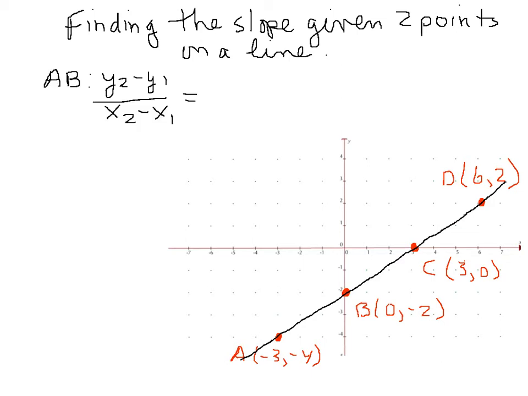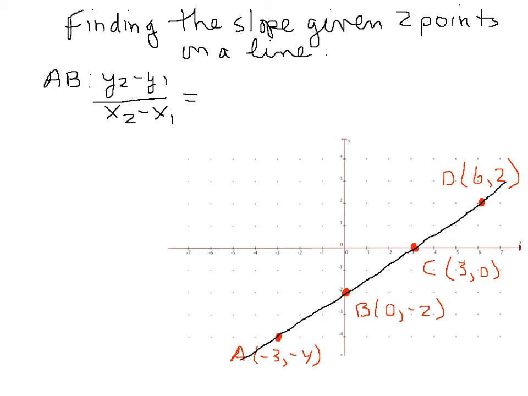Remember our very important formula, that the slope is the change in the y values over the change in the x values. So we're going to use point A and point B and see if we can get the slope. The y values are minus 4 and minus 2, and the x values are minus 3 and 0.